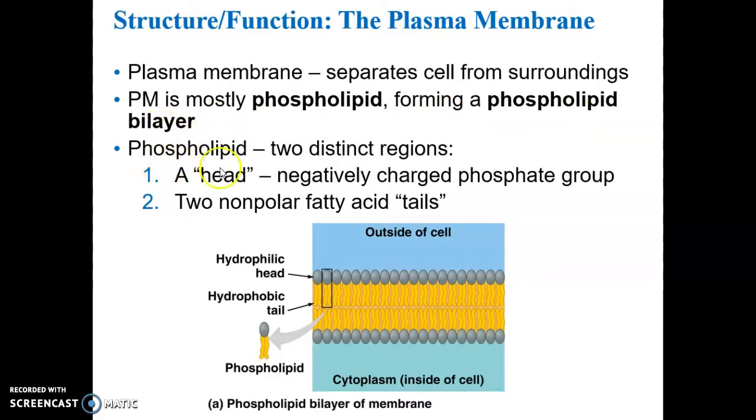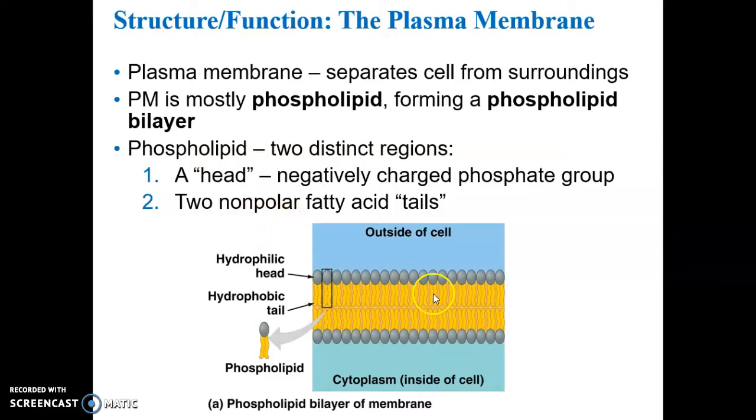And that's because of the two basic characteristics and two basic regions of the phospholipids. The head phosphate group is charged, has a negative charge to it, so it tends to orient itself towards water. And then the two nonpolar fatty acid tails are repelled by water because water is a polar molecule.